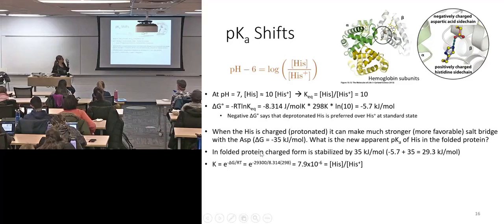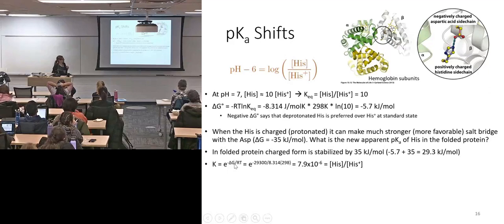So my delta G in this folded protein is competing between these two things, this negative contribution for the standard state piece, and then the added bit for what the free energy change would be when it can make this bond. So I have a new delta G to use, 29.3 kilojoules per mole, inside this folded protein for a histidine.